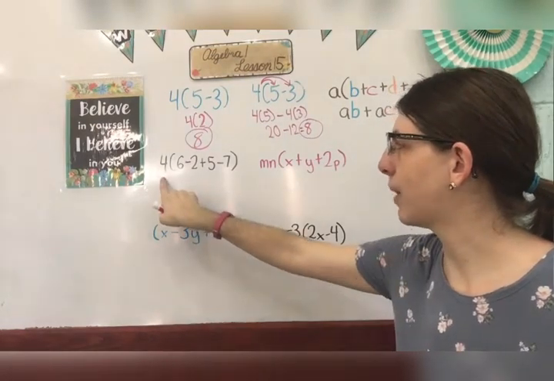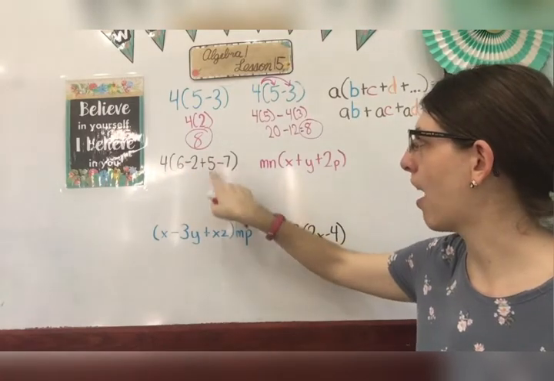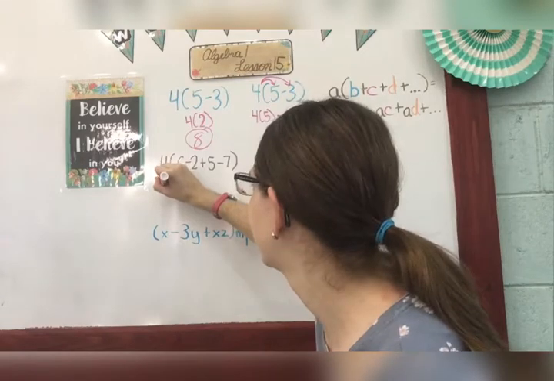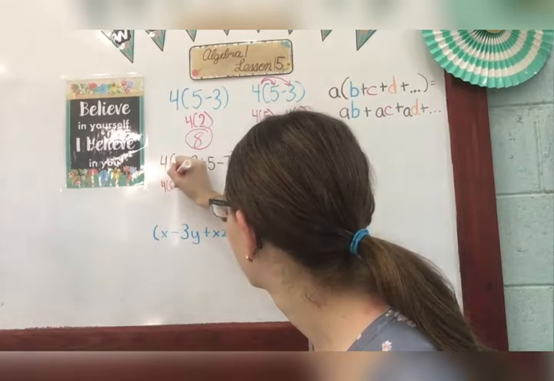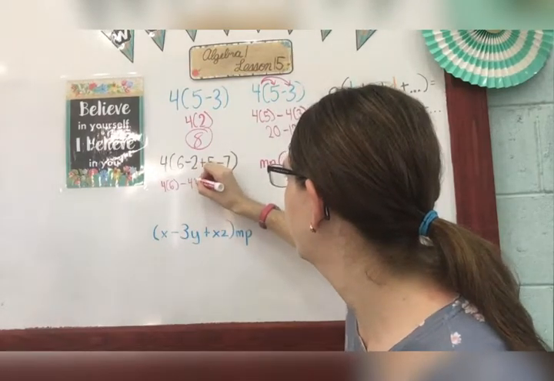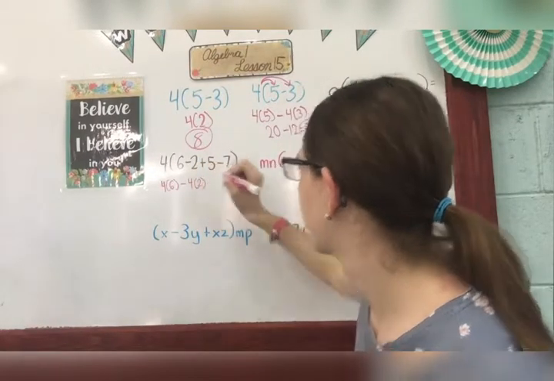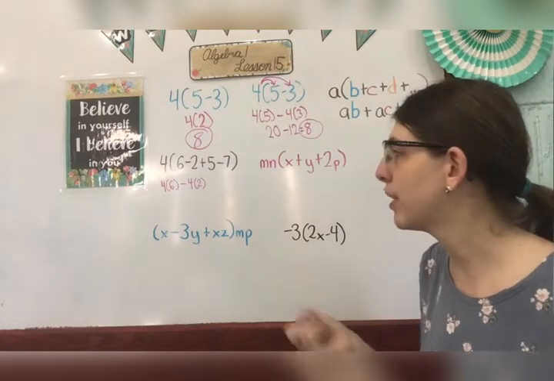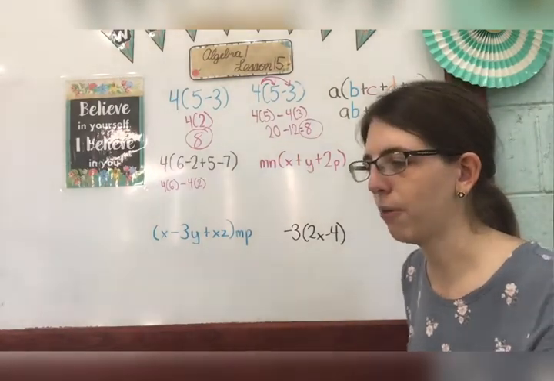I'm going to multiply 4 times each one of the terms within my parentheses. So I have 4 times 6 minus 4 times 2. Or I could say 4 plus 4 times a negative 2. Either one's fine, but I'm going to do minus 4 times 2 right now.